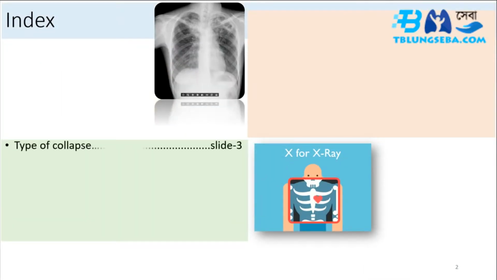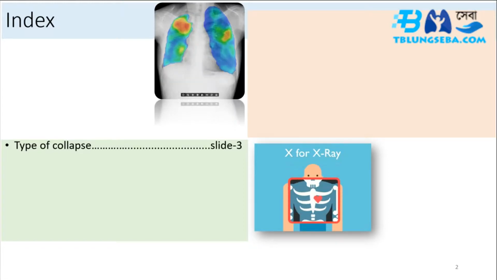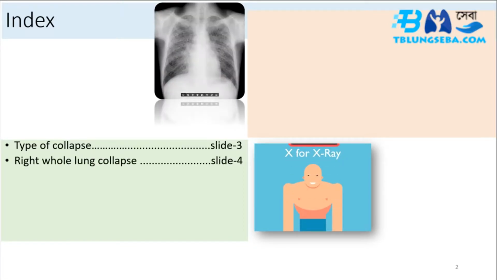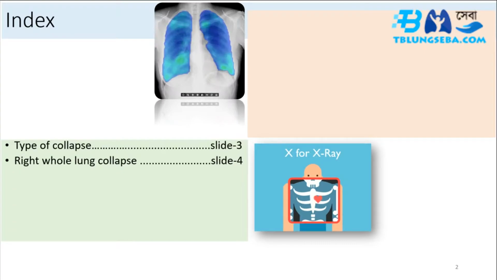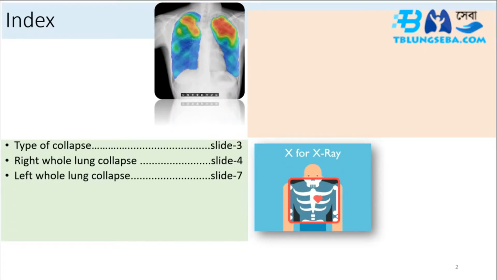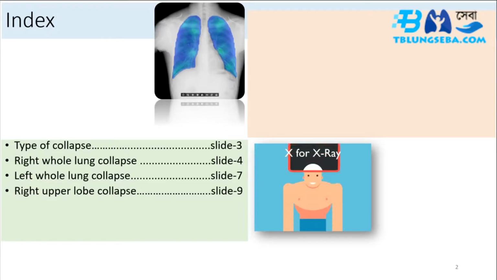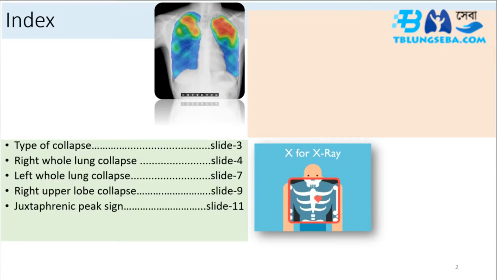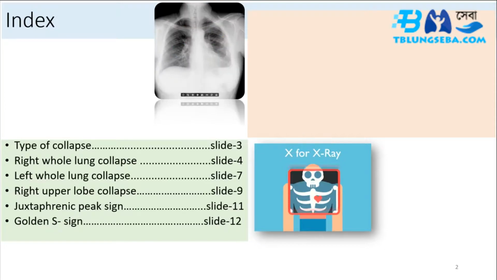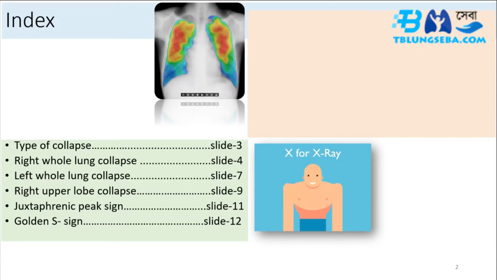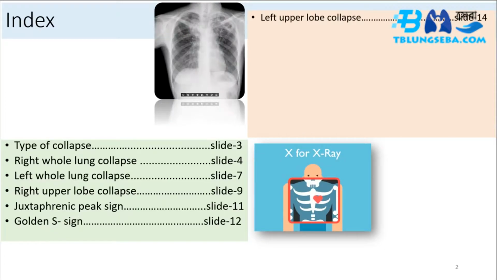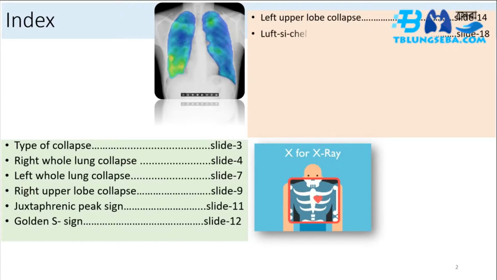Index. Type of collapse, Slide 3. Right whole lung collapse, Slide 4. Left whole lung collapse, Slide 7. Right upper lobe collapse, Slide 9. Juxtaphrenic peak sign, Slide 11. Golden S sign, Slide 12. Left upper lobe collapse, Slide 14.